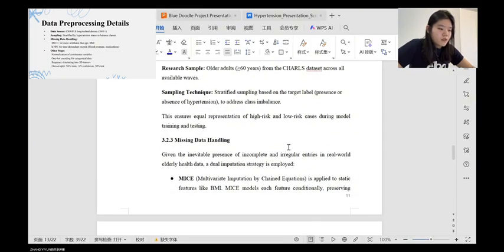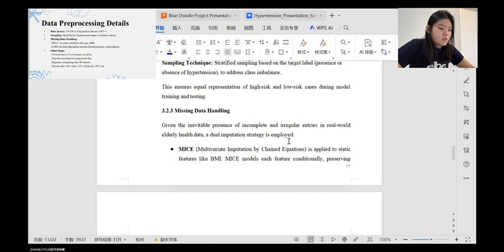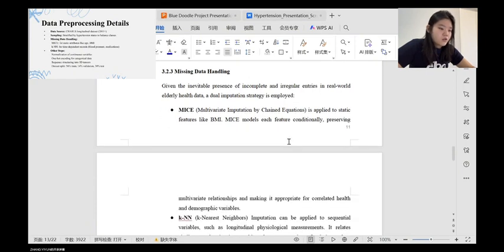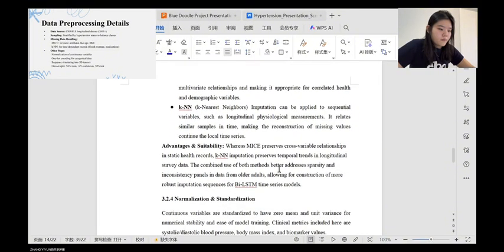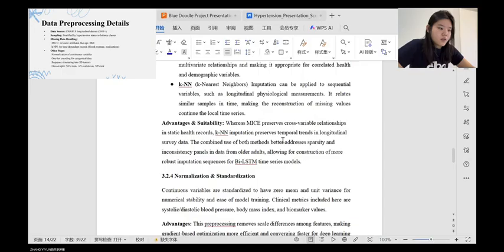As for the missing data handling, we use MICE and KNN. MICE is applied to static features like BMI, and KNN imputation is applied to time series variables. It's a good combination to handle missing data.